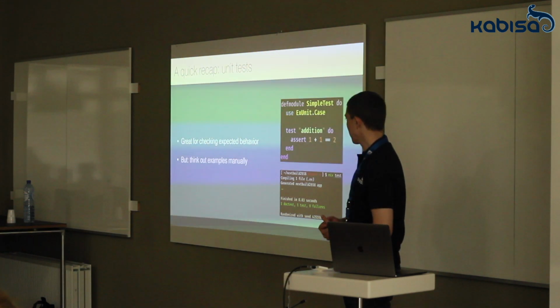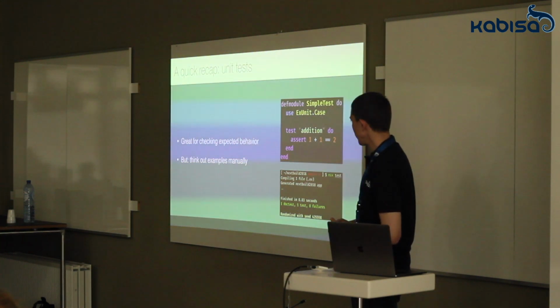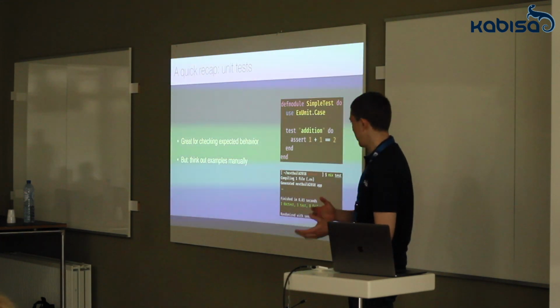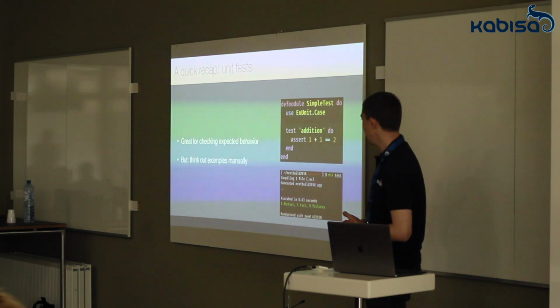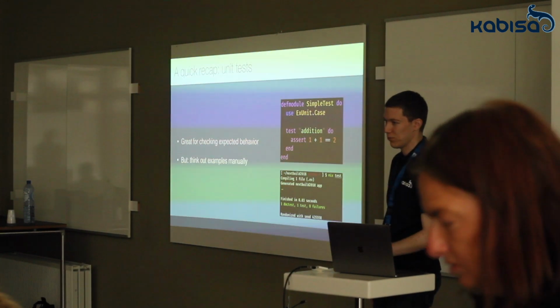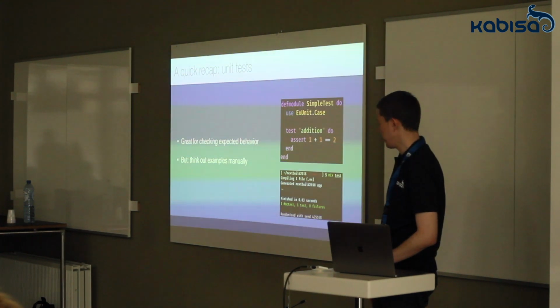For this, unit tests are great, so we can write some examples and then we check if the result is as expected. But there's one minor thing that's not that nice, and that's that we have to think out the examples manually.